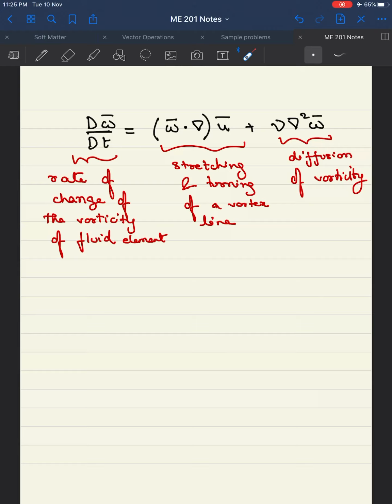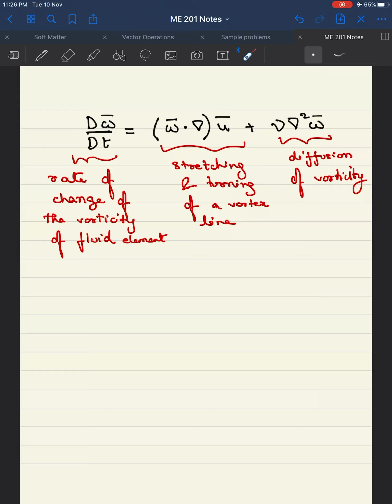But one way to understand this is that in a uniform density situation, the pressure and body forces act through the center of mass of the element, and thus they cannot produce any rotation. Only shear stresses can produce rotation and hence lead to vorticity.